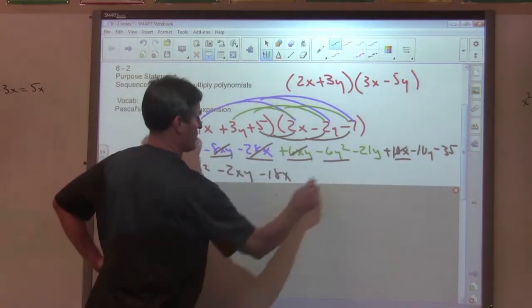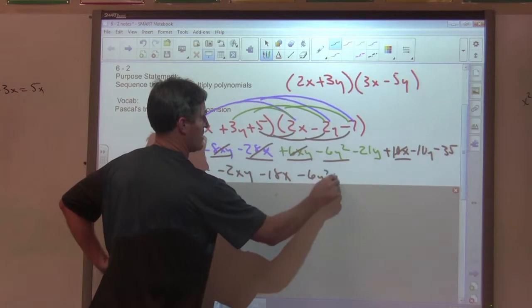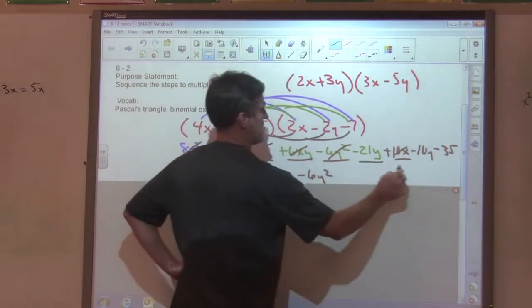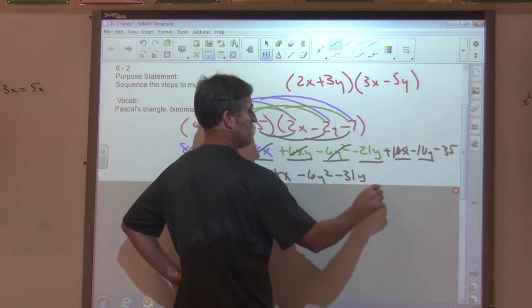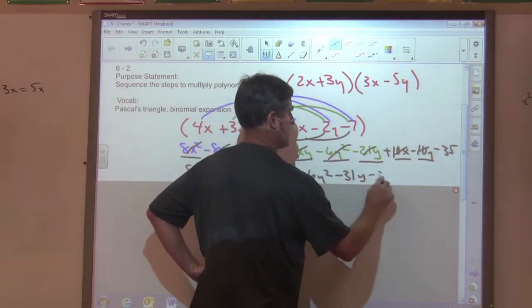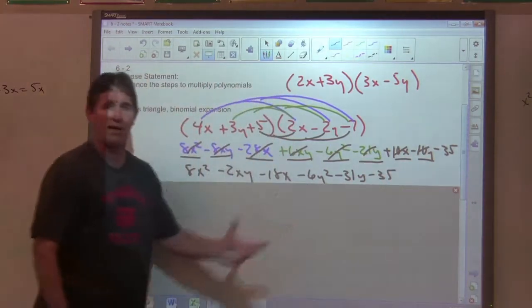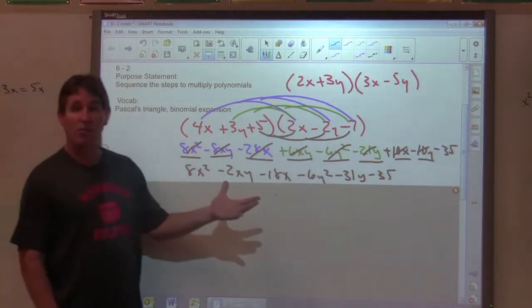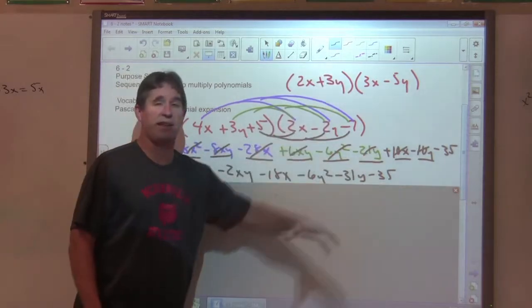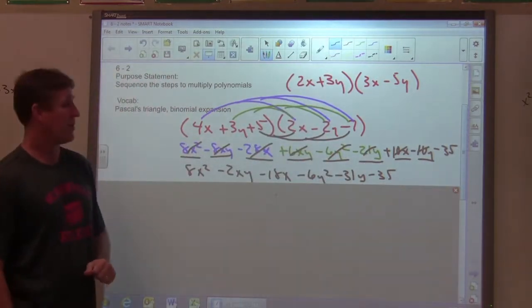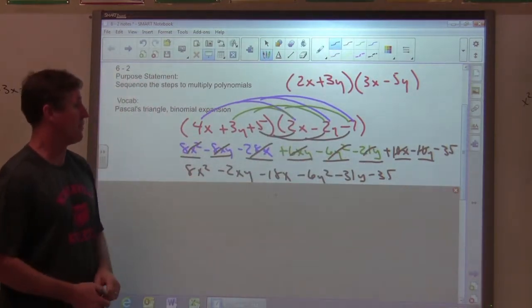I got a minus 6y squared, no other y squareds. Then I've got a minus 21y and a minus 10y is a minus 31y. And then finally minus 35, and I've multiplied it. So no different than what we've done before, we just have to distribute each term to everything in the other parentheses. So very similar to what you've done in the past.